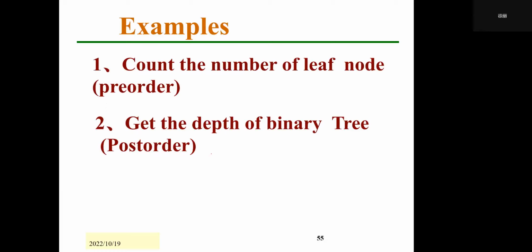Of course, you can use in-order or post-order to do that. And for the second one, you can use post-order to resolve this problem. Okay, I will give you 5 minutes to think about how to resolve these problems. Then we will talk about it.